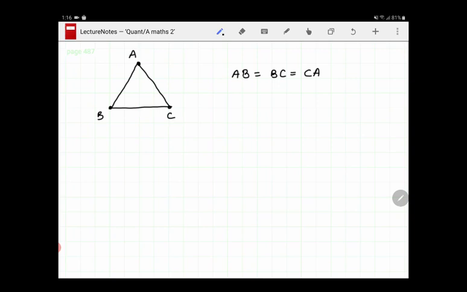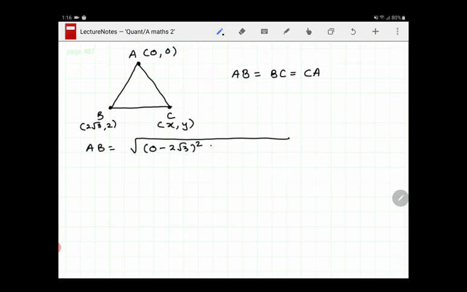Now, I'm not going to pay attention to exact marking of coordinates, I'm just going to mark them. So let's assume that (0, 0) is coordinate A, (2 root 3, 2) is the coordinate B. That means coordinate C is what we have to find out, and that can be (x, y). We know that the length AB can be given by the root of (0 minus 2 root 3) the whole square plus (0 minus 2) the whole square.